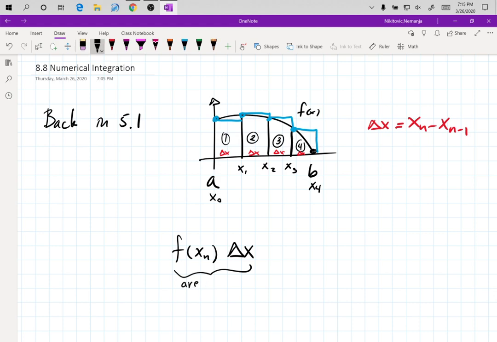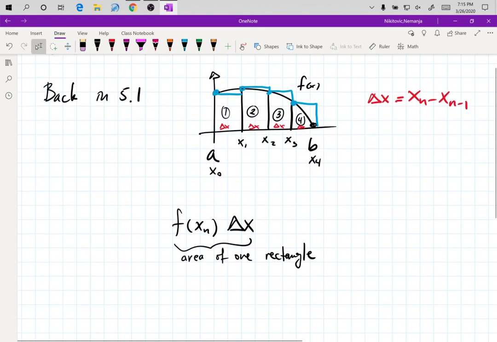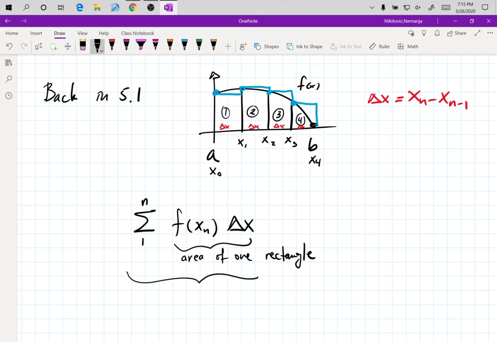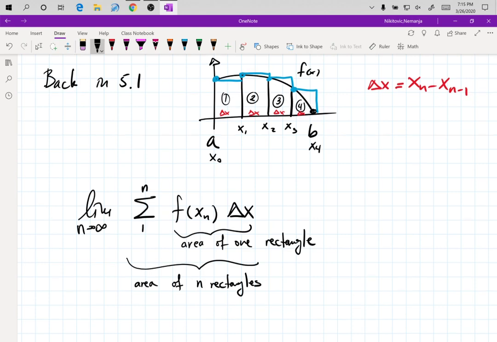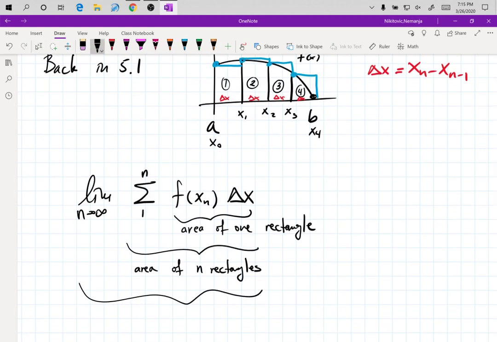Then we add 1 to n, which gives us area of n rectangles. And then we send that n to infinity to give us finally exact area.